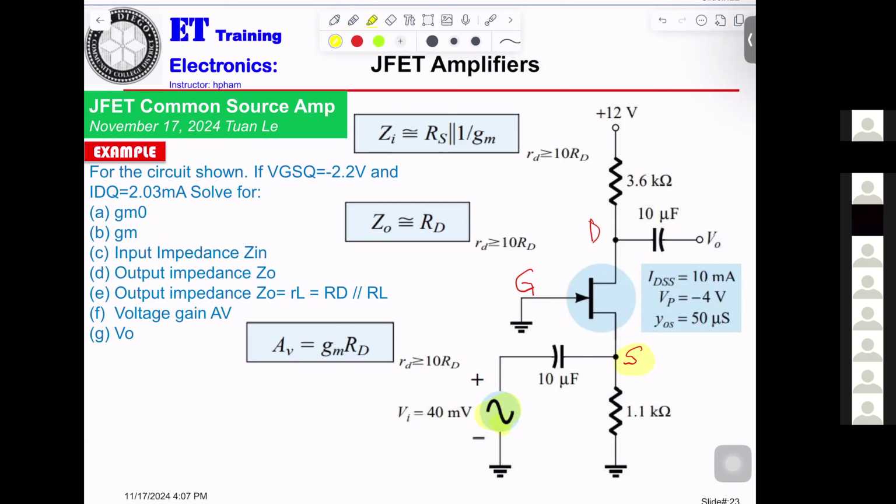The output is coming out from the drain. And for any calculation here, we already have the formula. If you get the time, you can try by yourself, to calculate and see, when we get back, whether you get the right answer or not.